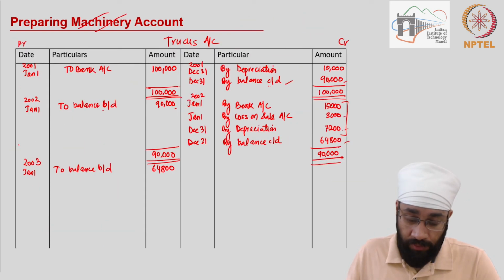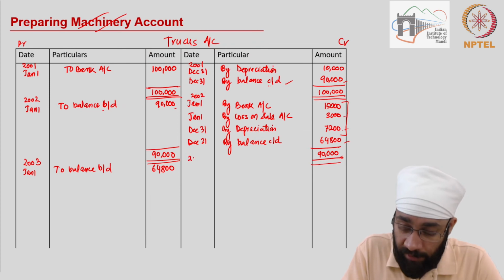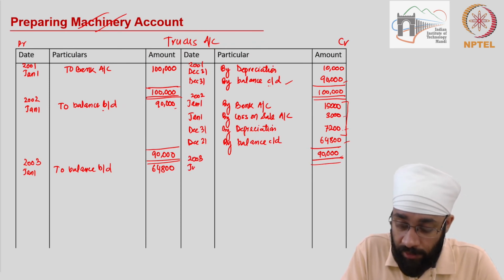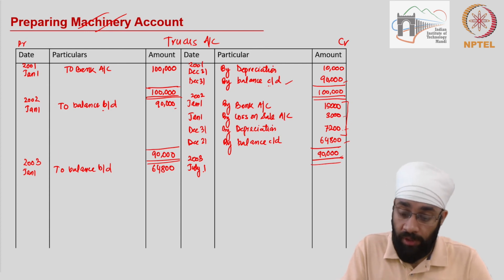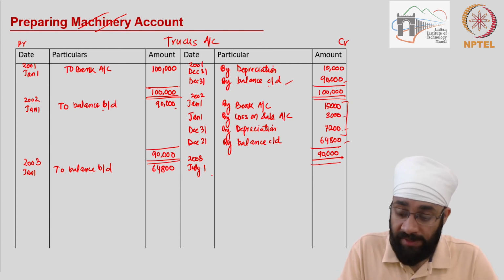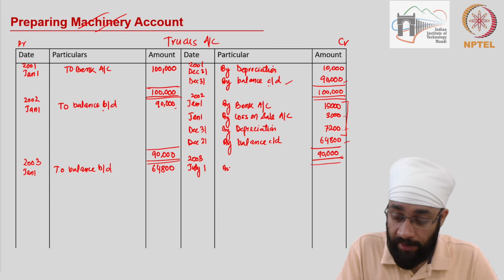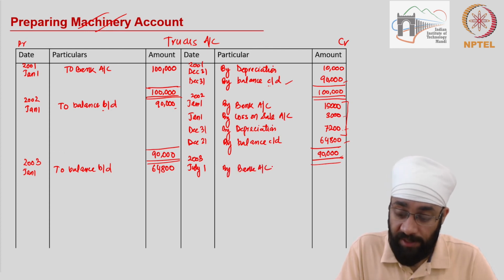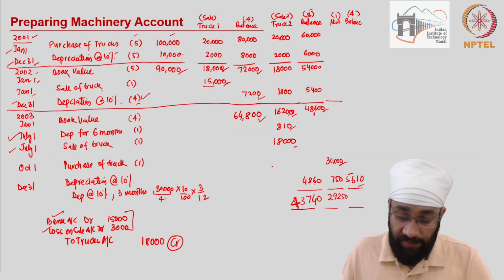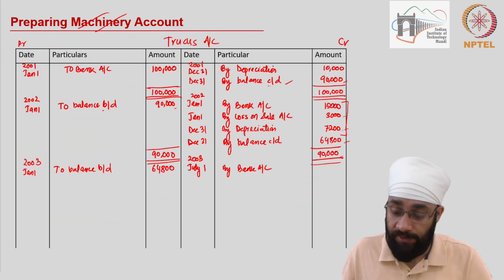So I'm going to go to the account, write 2003 July 1st. So 6 months have gone by up till June, and on the very next day, a sale of an asset is being done. So I'm going to write by bank account. This is the sale of the asset, for 18,000.